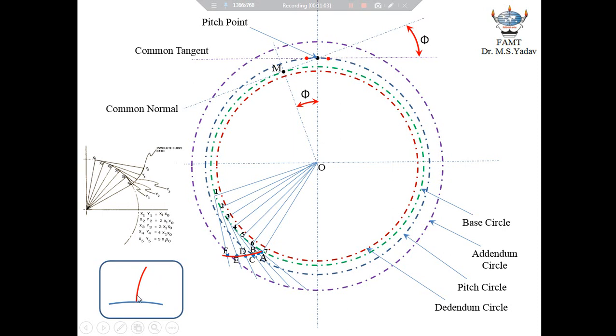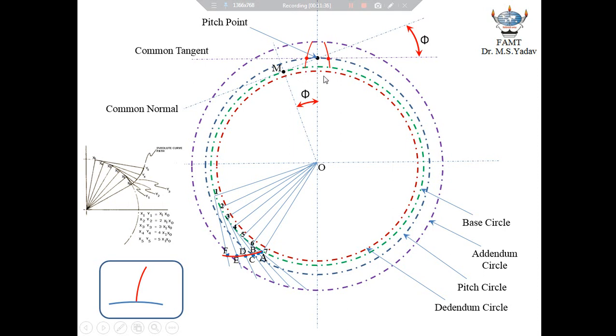Align the base circle on the tracing paper with the base circle here and trace the involute on the paper like this. Turn around the tracing paper and repeat the procedure to get the other side of the involute curve like this. Do not forget to trace the involute curve from base circle to the addendum circle only. Do not extend it to the dedendum circle.